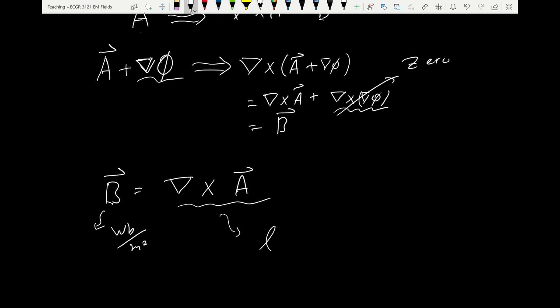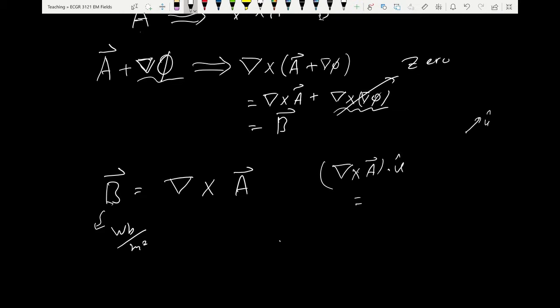The curl is a vector, of course, but the curl dot some unit vector in some direction. So this is the curl of the field, and I have some unit vector in some direction.